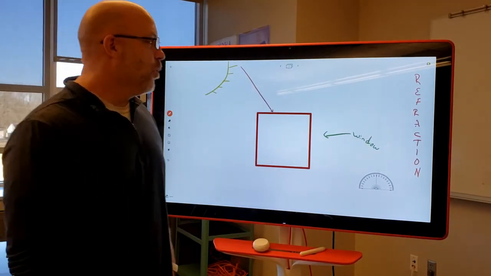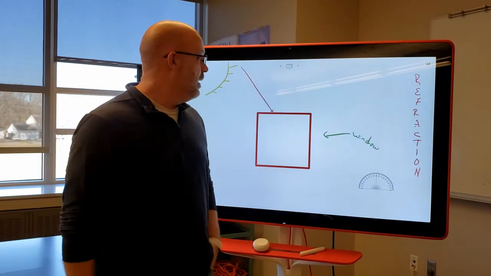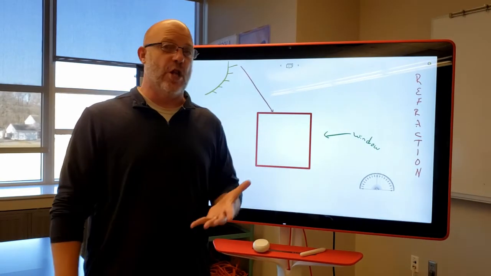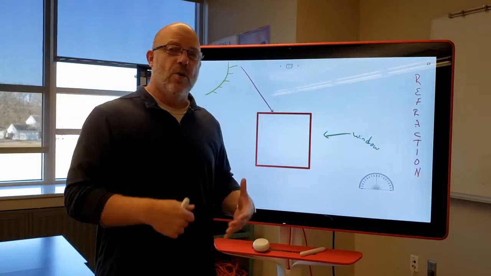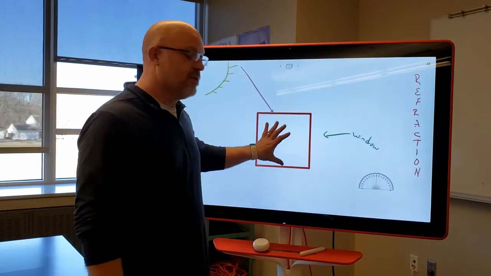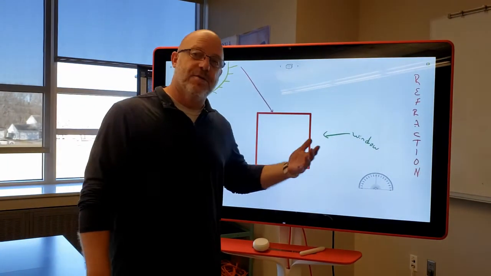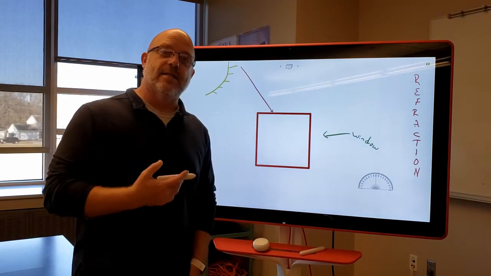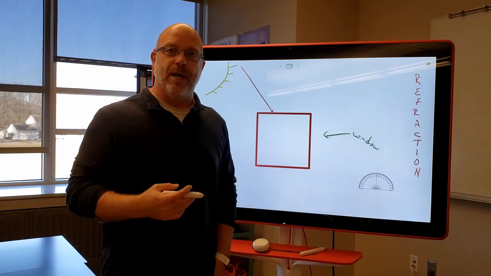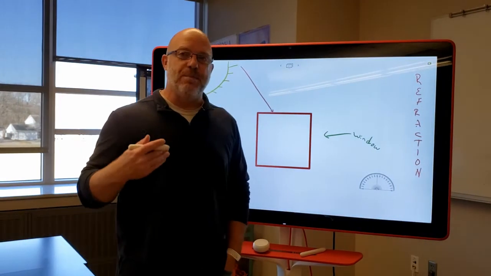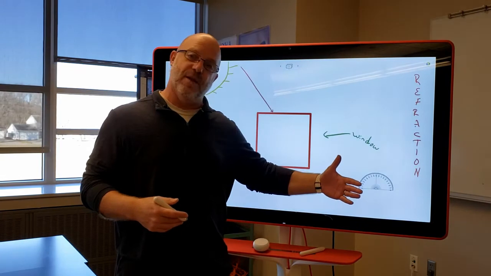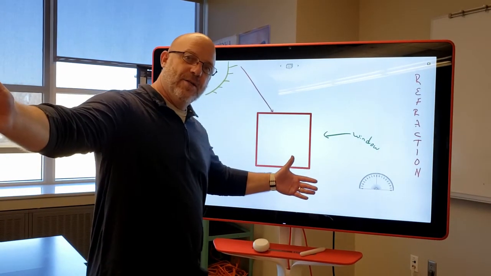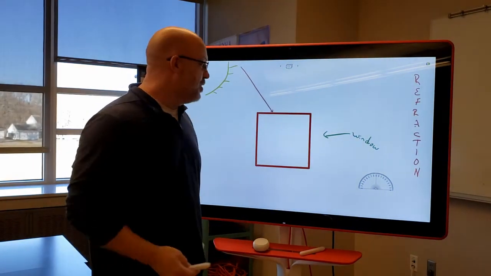Now, the important part when we talk about refraction, do you think glass is the same speed as or slower than air? Well, we know it's going to be slower than air because glass is thicker. It slows things down, which means that when this ray comes in and hits the glass, it's going to slow down a little bit. And anybody in marching band knows that if you slow this side of the line down, what happens to the other side? It starts to turn. And that's what refraction does.